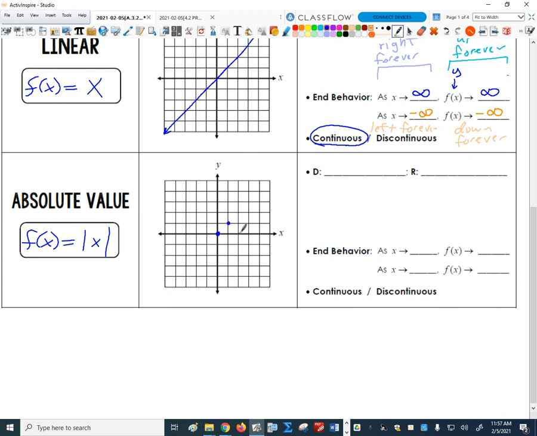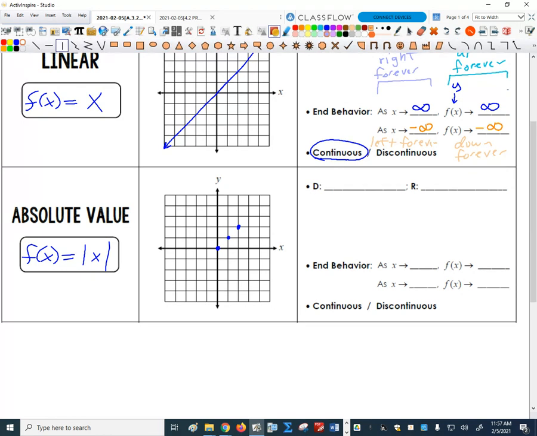If I plug 2 in for x, f of x is going to equal the absolute value of 2, which is 2. And so you can see this thing is just going like that, right? To the right. Okay, what about the other side?